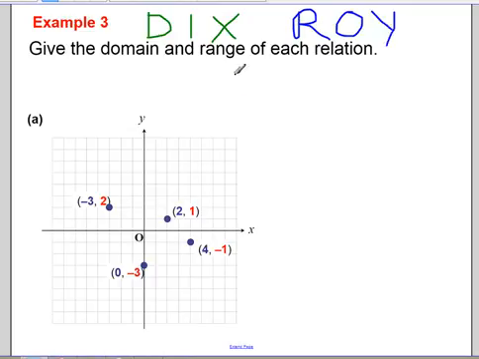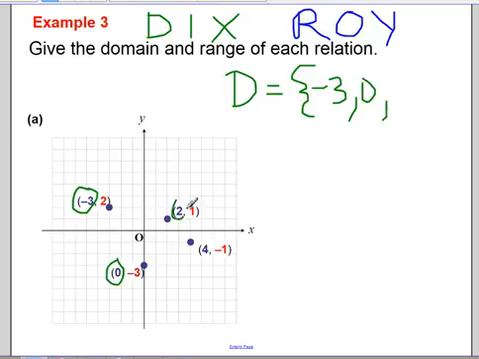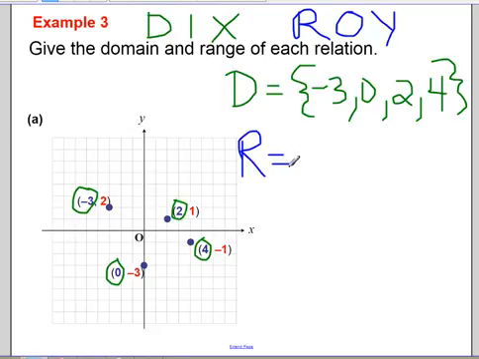So let's describe the domain looking at the given x values of -3, 0, 2, and 4. Those are your corresponding x values, and then the range are your output values, your y values.